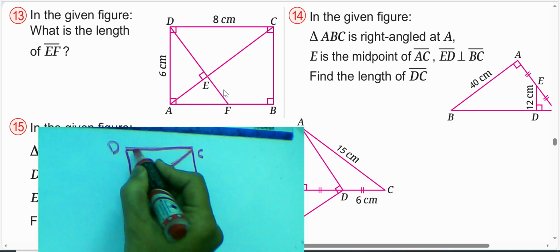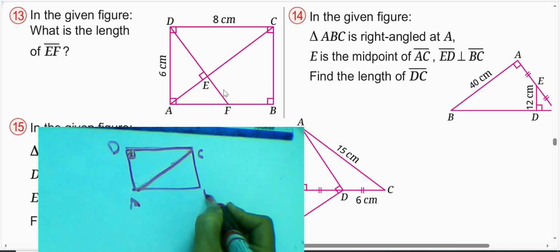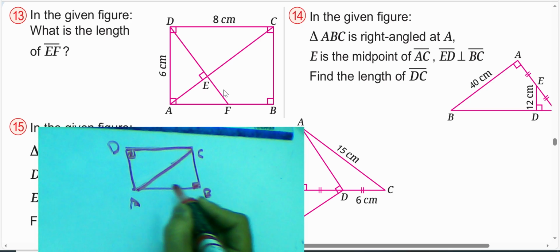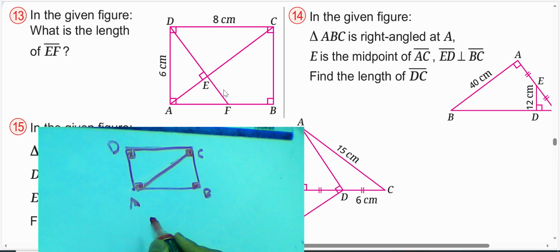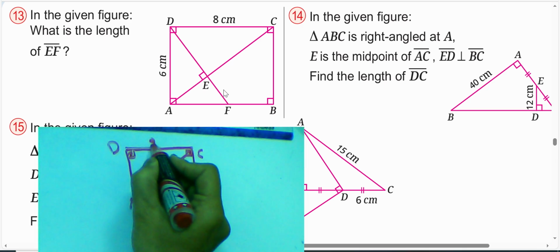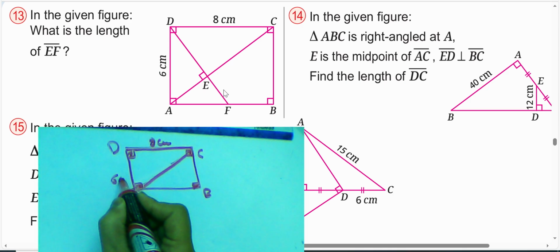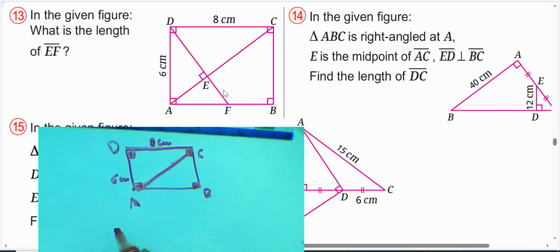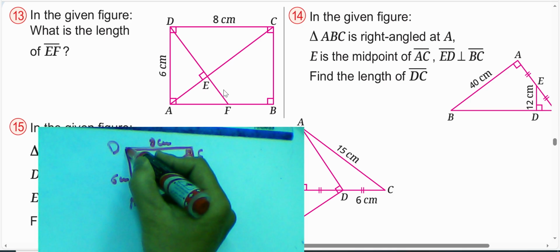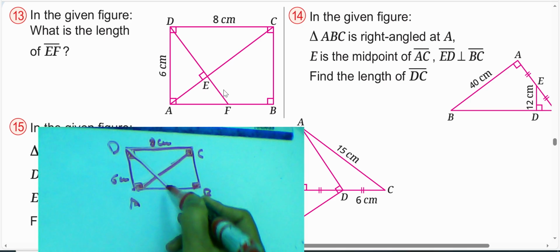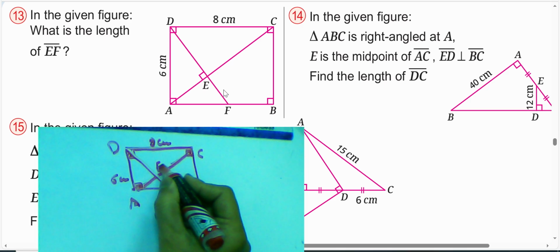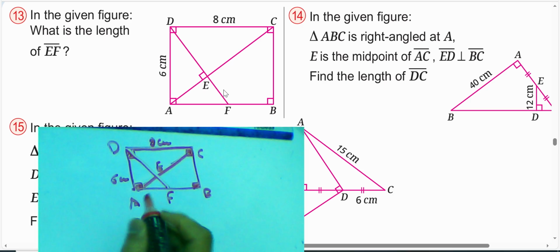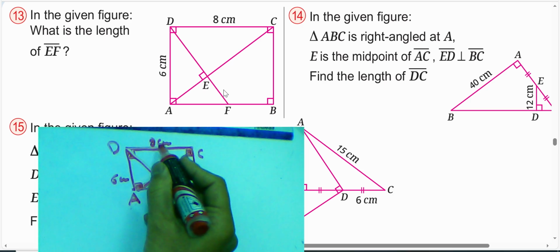We have here D and point P, and E and C. We have 8 centimeters, 6 centimeters, and he draws a line segment like this, perpendicular to AC at the point E, and we have F, 6 centimeters and 8 centimeters.